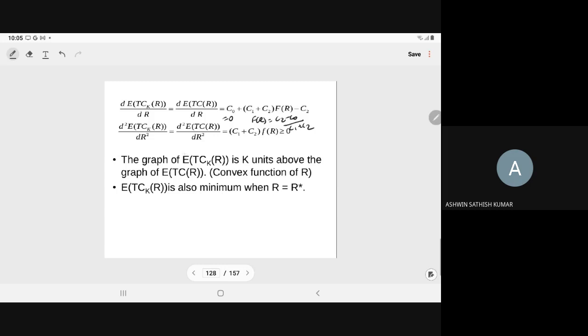So we can say that the graph of ETCK is also a convex function of R, having its minimum value at R star.